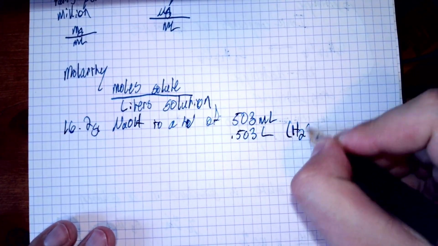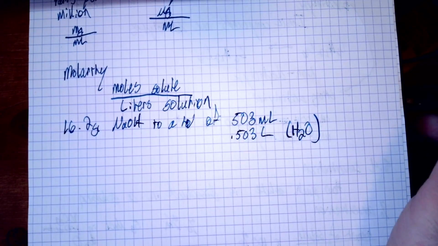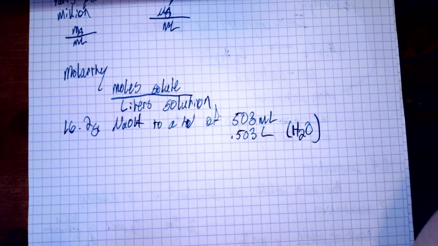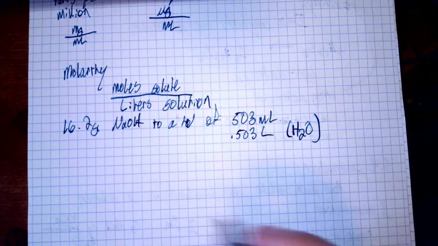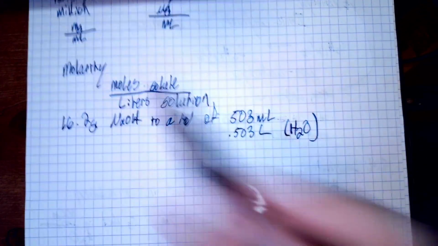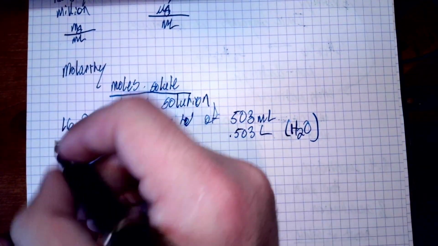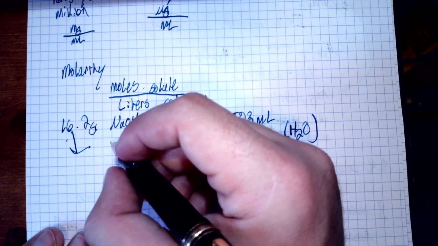We're going to say this is in water, even though really it wouldn't make a huge difference if it was in a different solvent, other than that water is what sodium hydroxide is most soluble in. But anyway, okay, what do we do with this? We have grams. We need moles. So how do we go from grams to moles? We need our molecular weight.